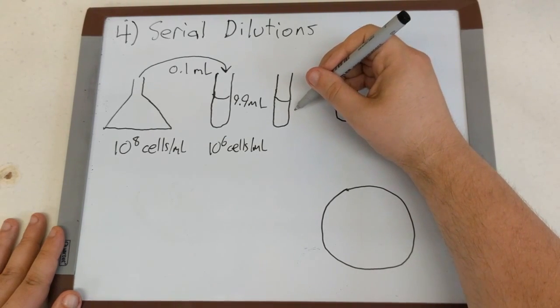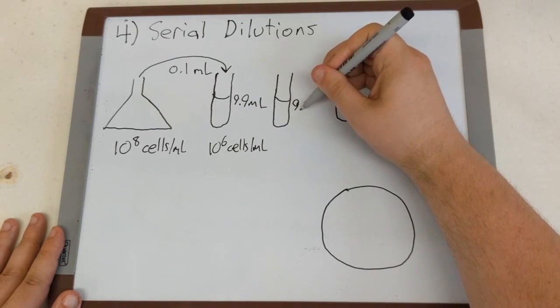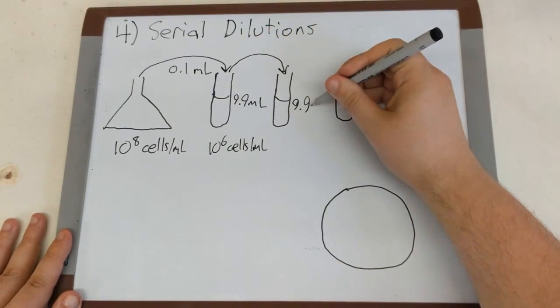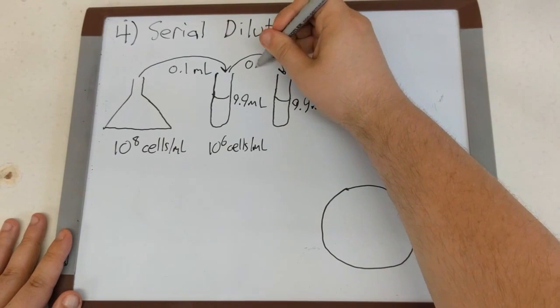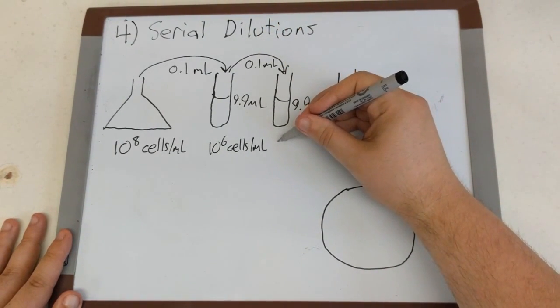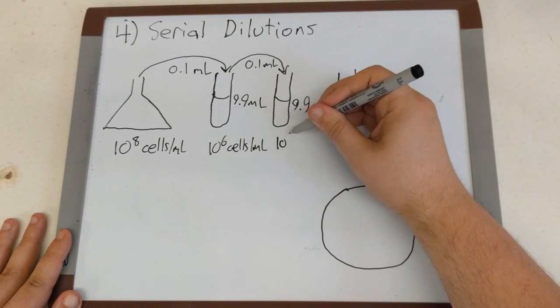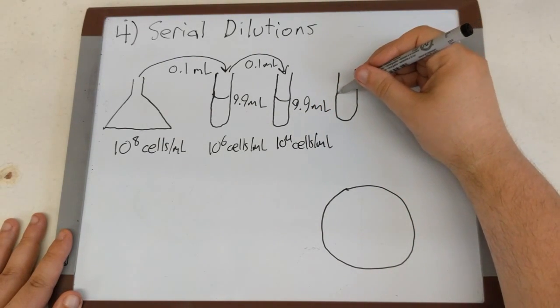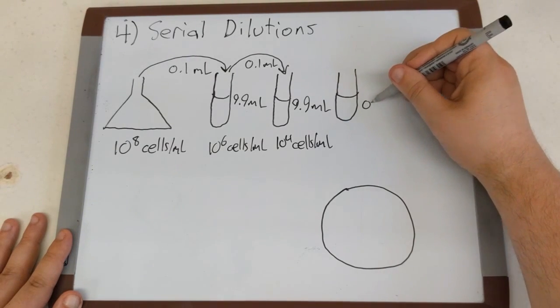And we're going to do the same thing with the next test tube. So we're going to take 0.1 mL from our first test tube and put that into 9.9 mL of LB in our second test tube. So now we should have around 10 to the 4 cells per mL. And with the last dilution, we're just going to do a 1 in 10 dilution.